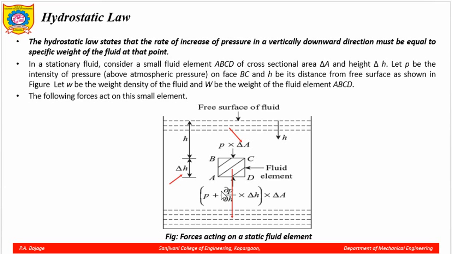So, W into delta H into delta A will give you the weight. That weight W is acting in the downward direction. So, these are all the forces acting on a fluid element when it is at a distance h from the free liquid surface.